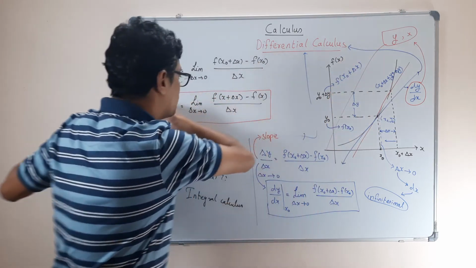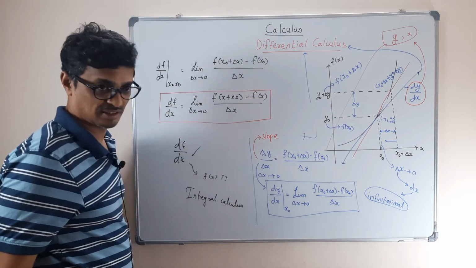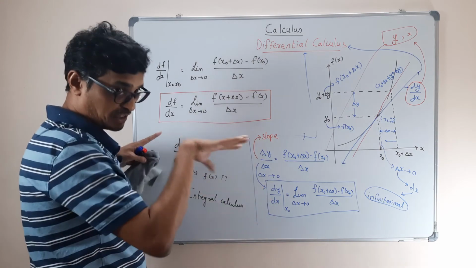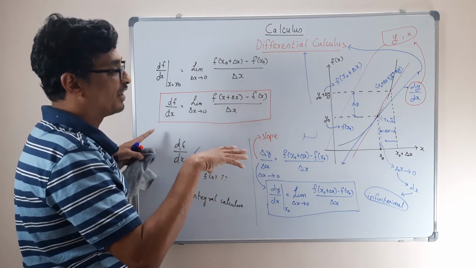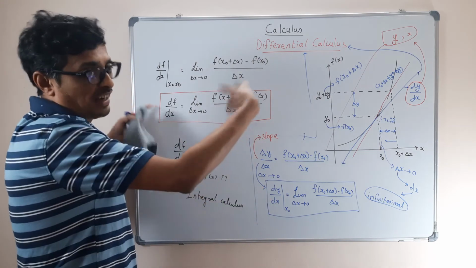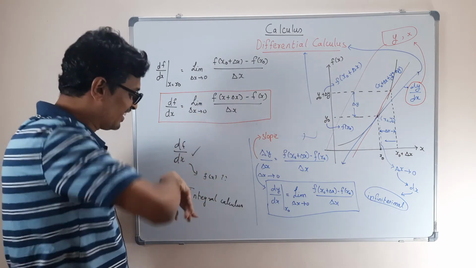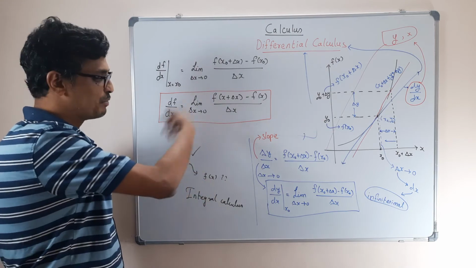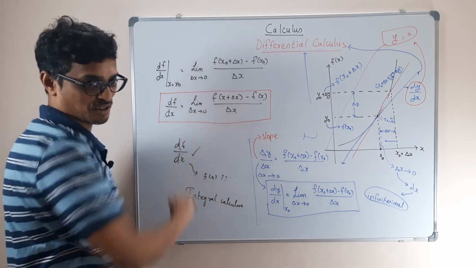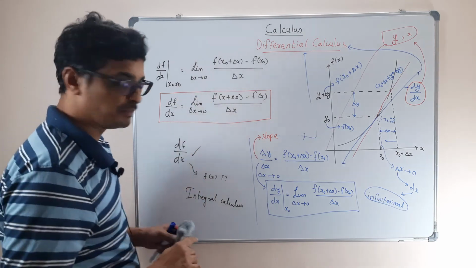That is given by your differential equation, and that is differential calculus. And if I give you the rate of change of the function at any x, and ask you to tell me what the function is, that's your integral calculus. They both are inverse of each other.